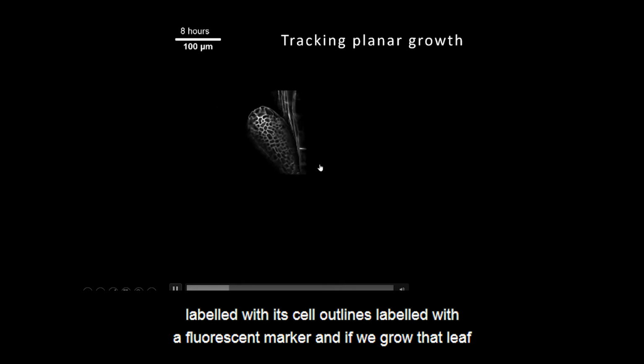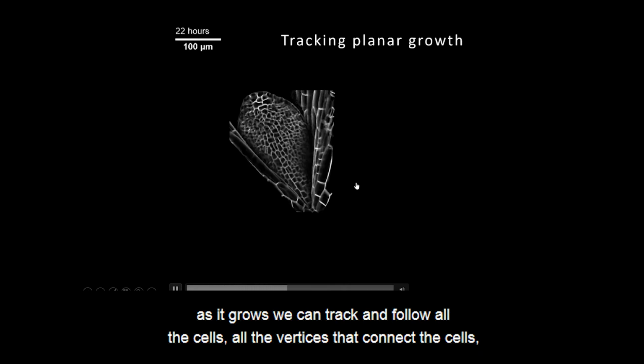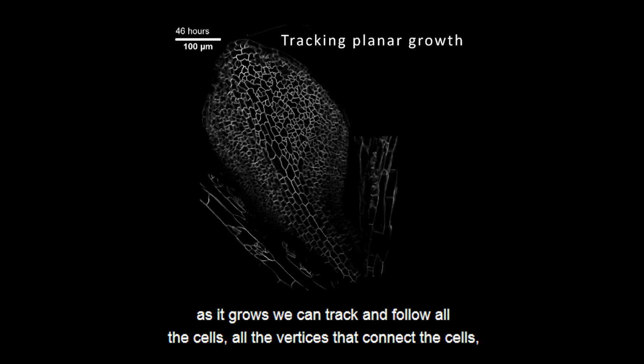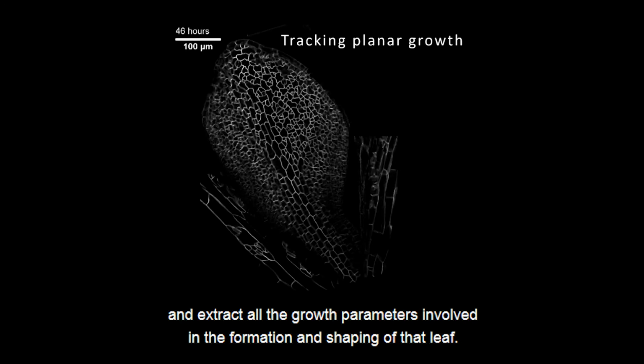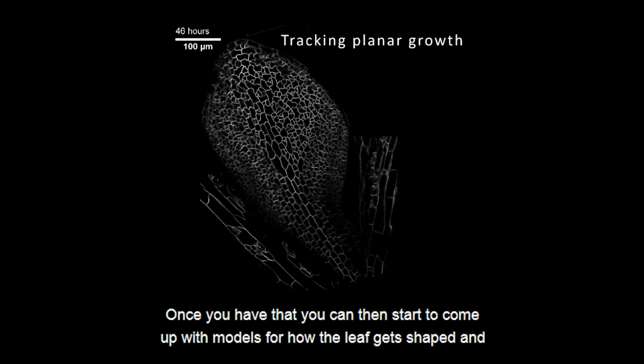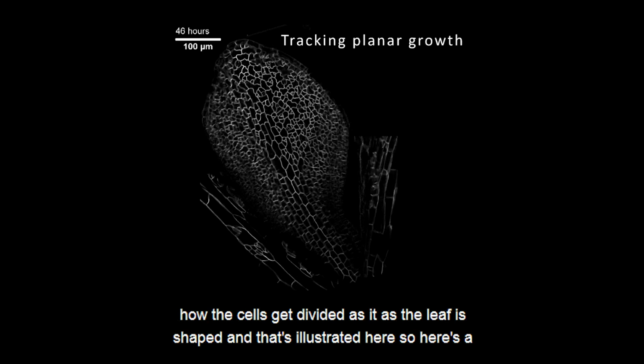And if we grow that leaf, as it grows, we can track and follow all the cells, all the vertices that connect the cells, and extract all the growth parameters involved in the formation and shaping of that leaf. Once you have that, you can then start to come up with models for how the leaf gets shaped and how the cells get divided as the leaf is shaped.